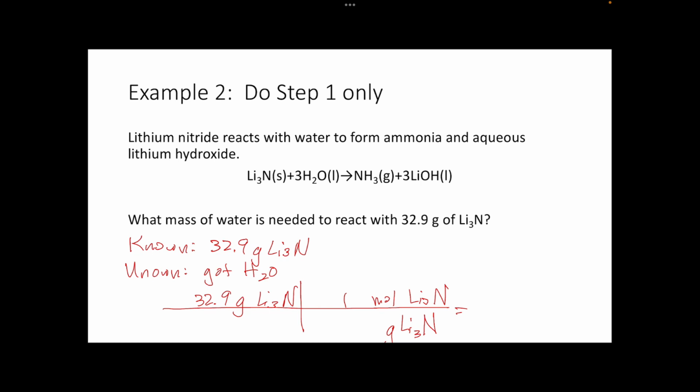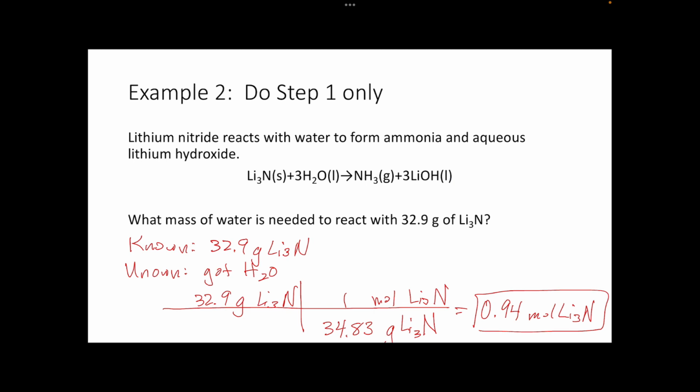So we multiply that by 3, then we add nitrogen, which is 14.01, and we end up getting 34.83 grams per mole. So we take 32.9 divided by 34.83, and we get 0.94 moles of lithium nitride. And that would be our final answer for step 1 only. So that concludes step 1.